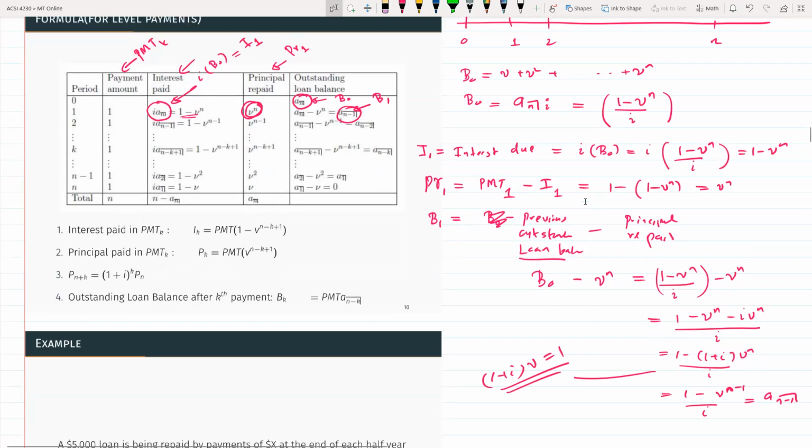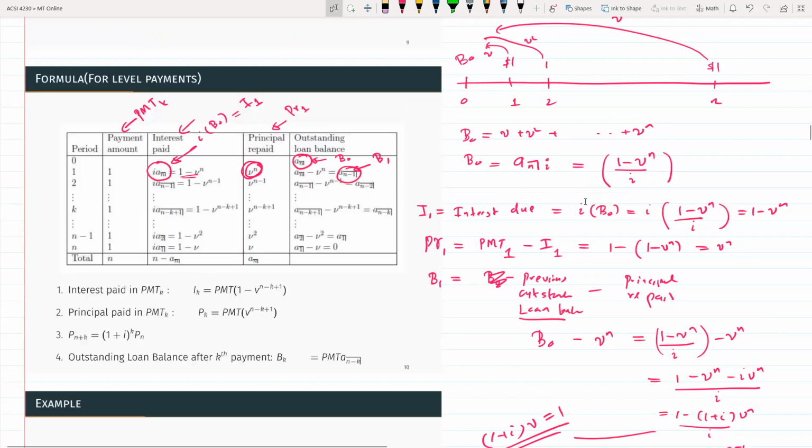Okay, so you can continue like that, and you can create this nice table. In here you can eventually see a pattern. So what's the interest paid in payment k? It's payment times 1 minus v to the n minus k plus 1.